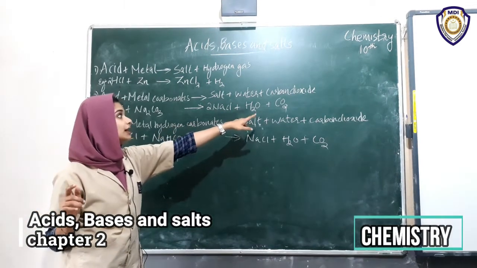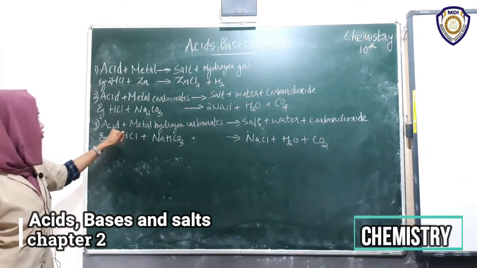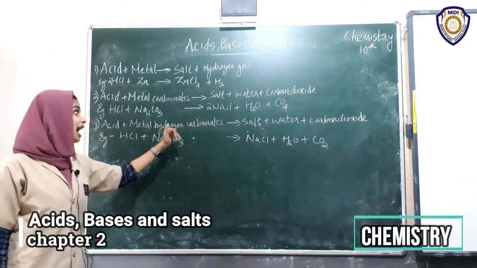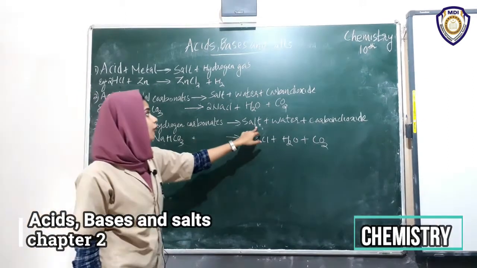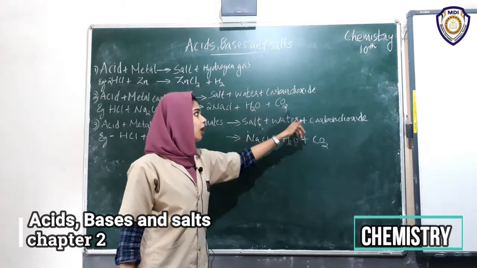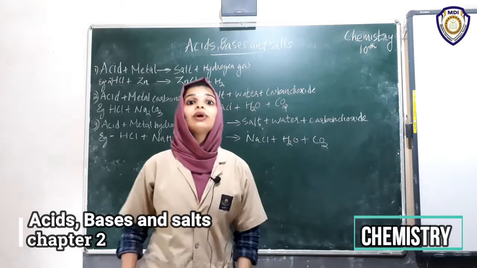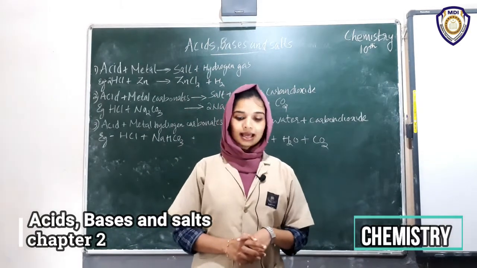It forms carbon dioxide plus water plus salt. When acid reacts with metal hydrogen carbonates, again like the metal carbonate, it forms salt, water, carbon dioxide. These are the things that we have learned in the previous class.